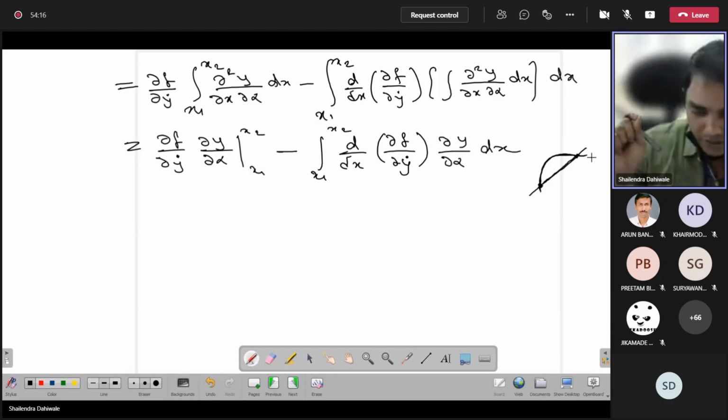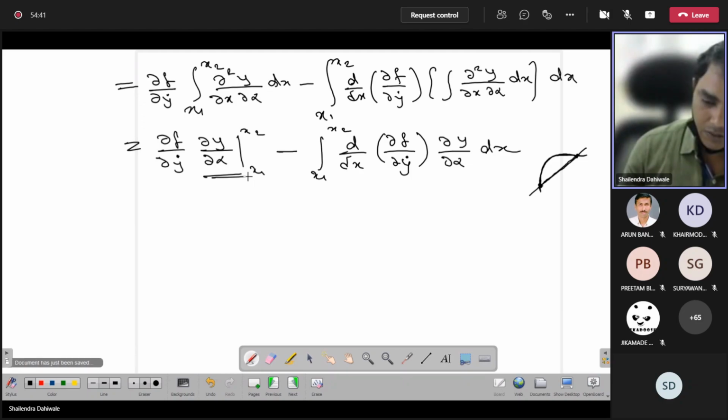So these two endpoints are fixed, so there is no variation at these endpoints. So if this is true, then this term will vanish. This will become 0. So ultimately, what you have is this term.